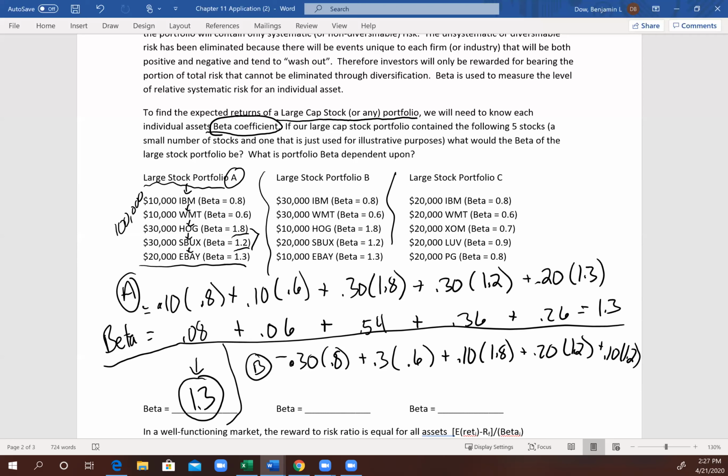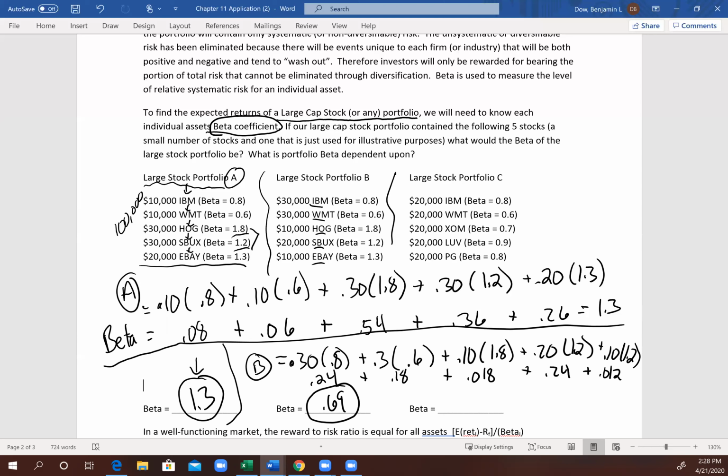Okay. So if we look at that, you can see depending on your allocation of each individual stock, the betas are going to be different.